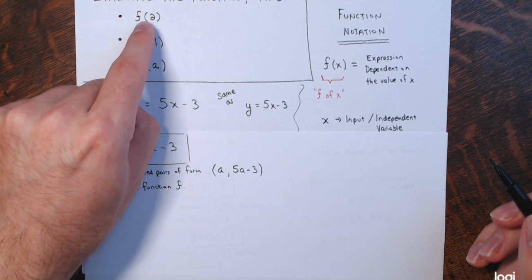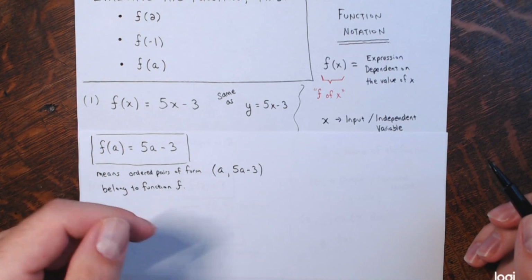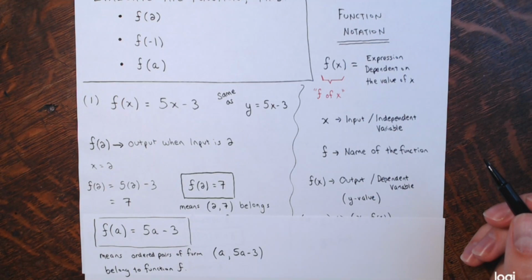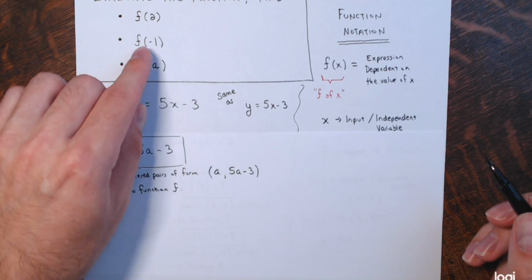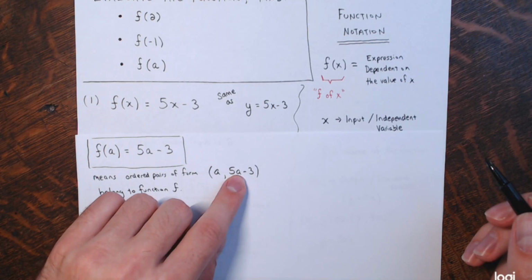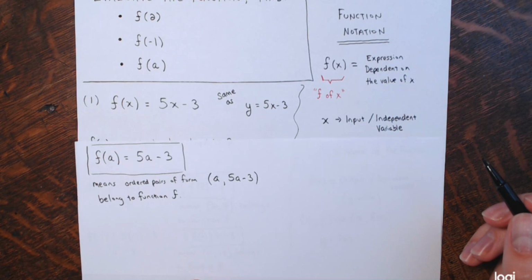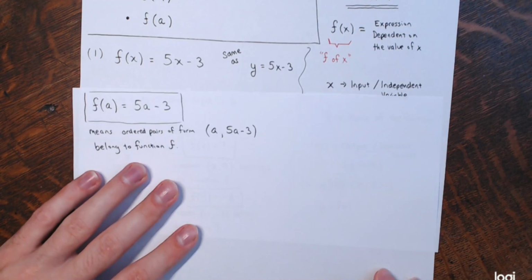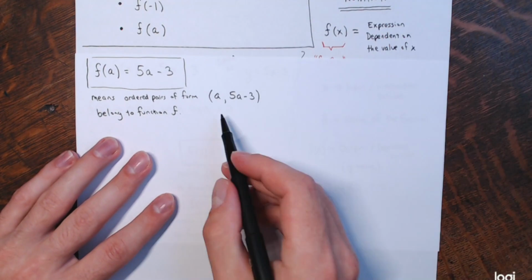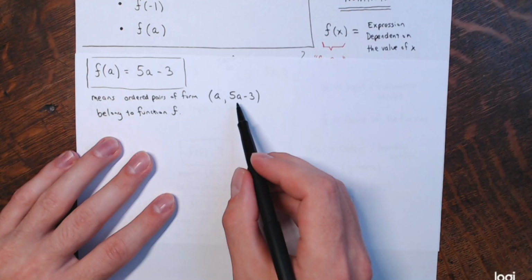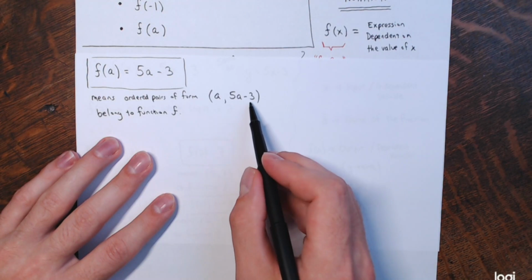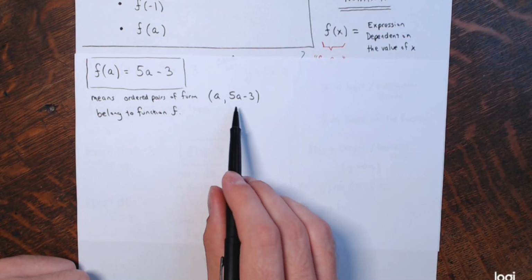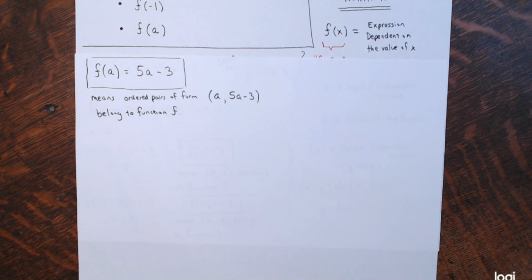If a were 2, you'd have 2, 7 is an ordered pair in f, which we already saw. If a were negative 1, you'd have negative 1, negative 8, which we've already seen. But you could replace a with anything you want: 0, negative 3, 5, 22. You could replace a with any value you want, and this will give you an ordered pair in this function.